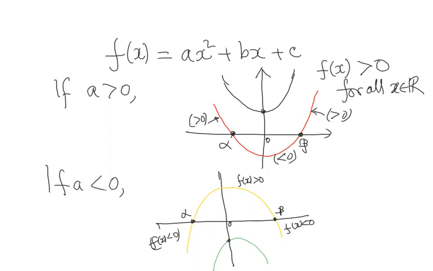So for this yellow curve, f(x) takes both positive and negative signs. And for the green curve, which doesn't have any real roots, we see that f(x) is less than 0 for all x belonging to R. So f(x) is always negative for this green curve, which does not have any real roots, and a is less than 0. We keep this in mind as we proceed.